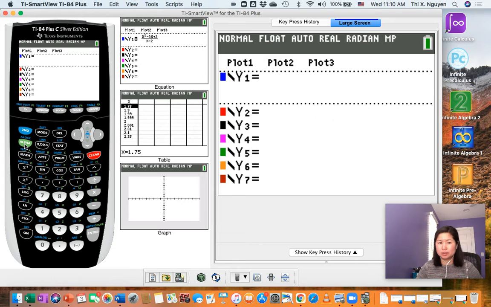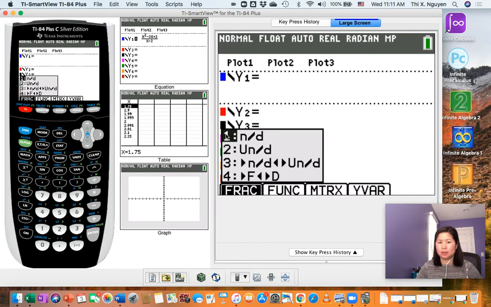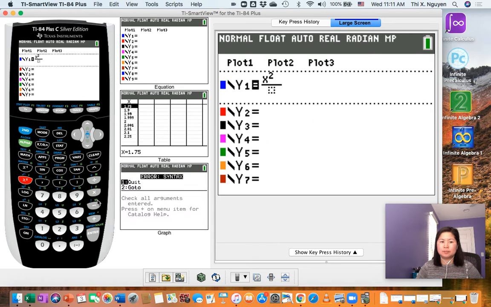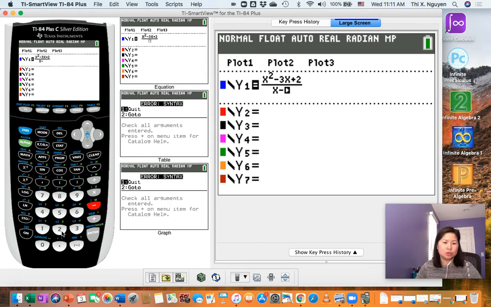You press alpha, Y equals, and the first option pops up. I press enter. So x squared minus 3x plus 2, and then I press the arrow to go down for the denominator, which is x minus 2. So that is my function, okay?